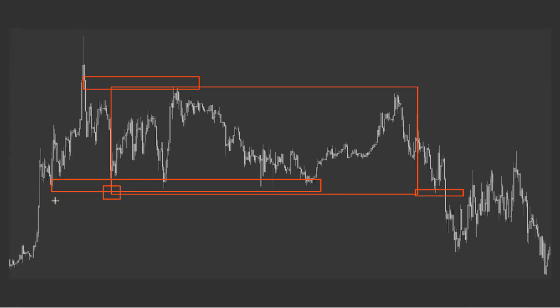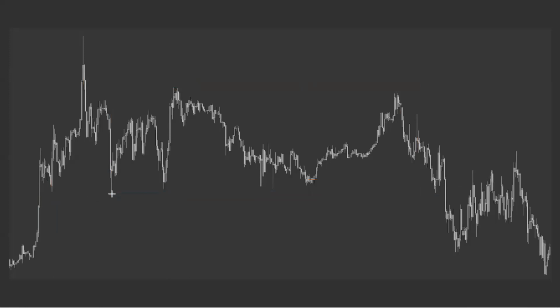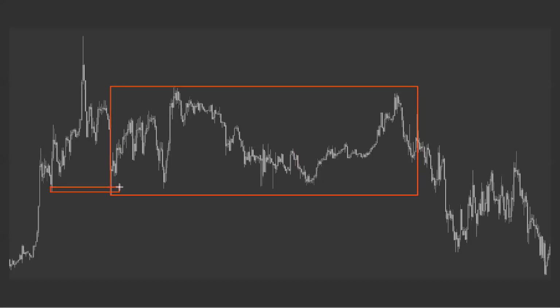So once that breakdown occurs, this whole structure becomes your FTR. Okay, broken the low there, it's retraced, consolidated, and then it breaks down there.